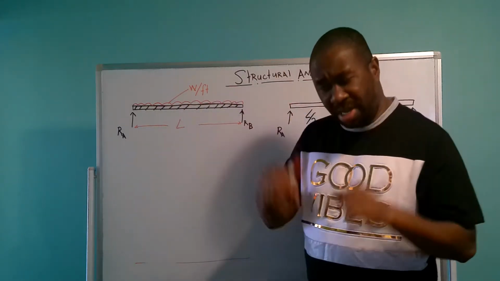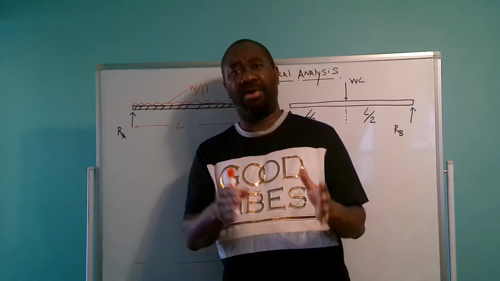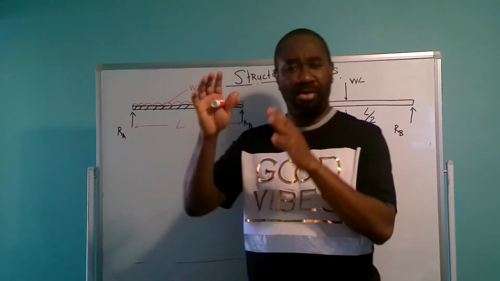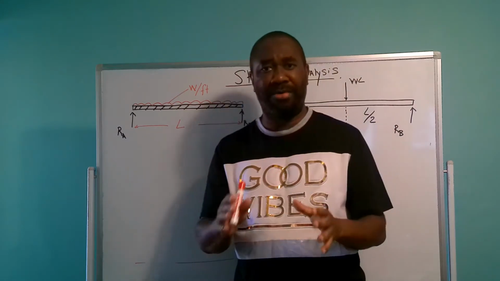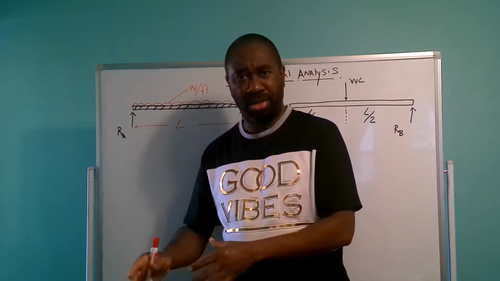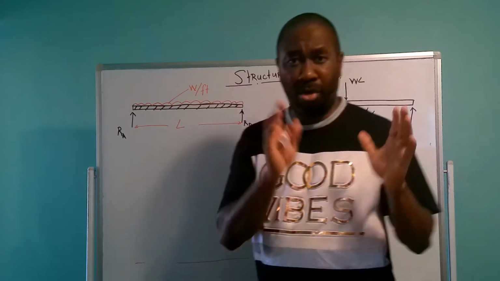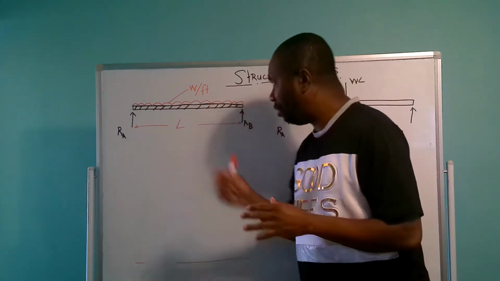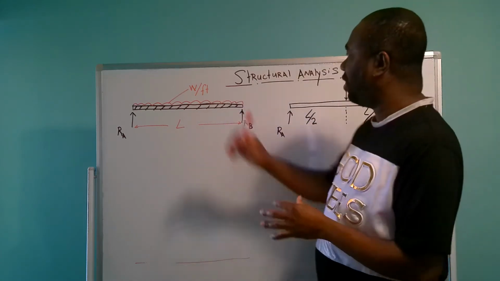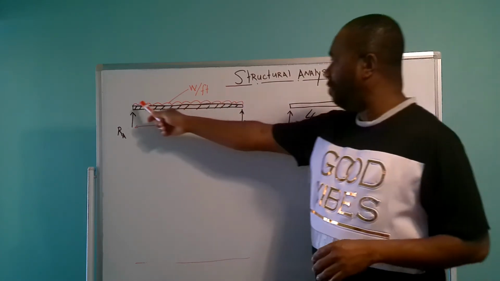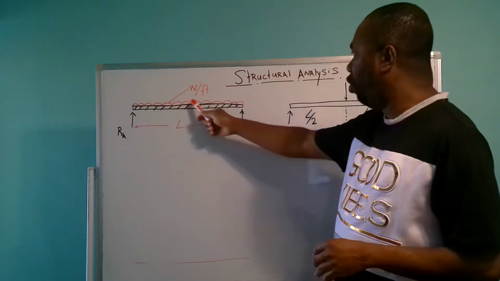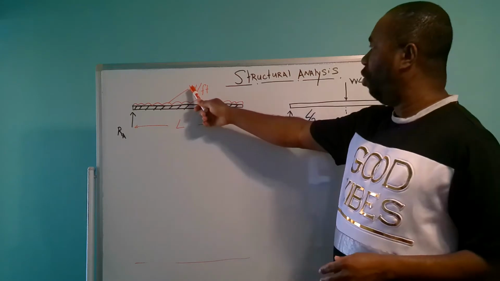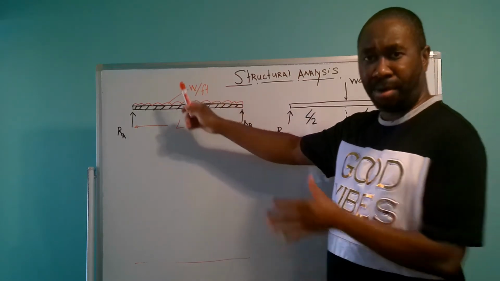So in today's video, as I said before, I'm going to show you how to derive the formula for a uniform distributed load to determine the moments. As you can see here, this is a beam, and this beam is impacted by a uniform distributed load, which is the weight per foot.